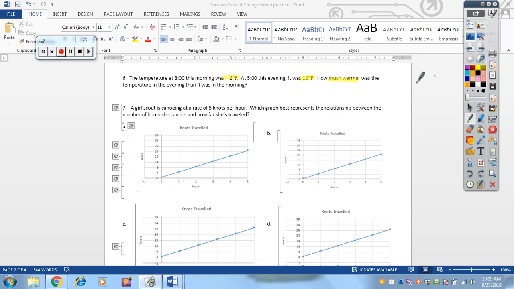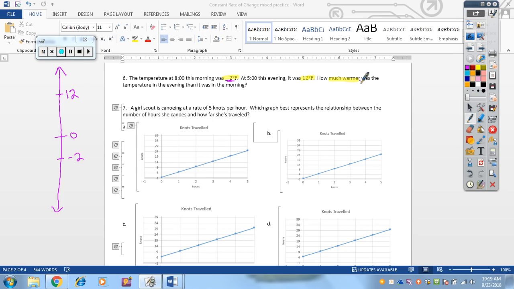So it's a temperature problem, so I can't help you if you don't draw a number line. We started at negative 2. And then it says the temperature was at 12. Now, did it say it went up 12 or down 12? No, it was 12. So 12 goes on the number line.